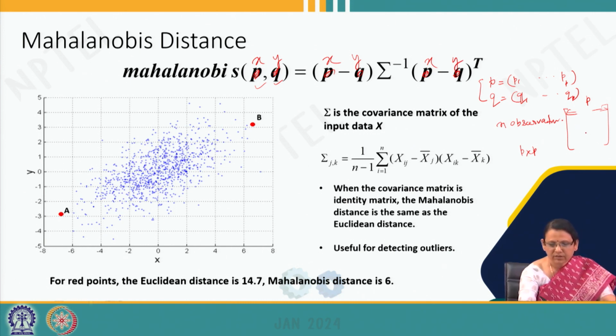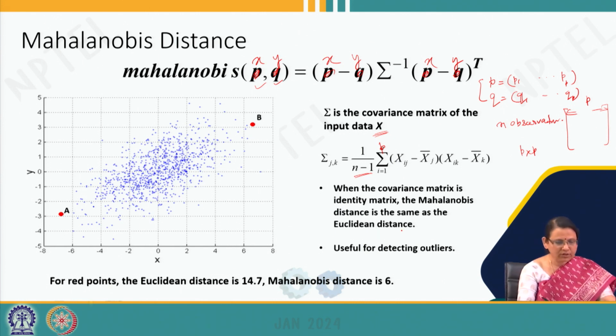Now, this sigma is the covariance matrix of this input data x, and when we compute this covariance matrix, because we are drawing it from a sample, we can divide this by 1 by n. Okay, so now when the covariance matrix is the identity matrix, this Mahalanobis distance is the same as the Euclidean distance.